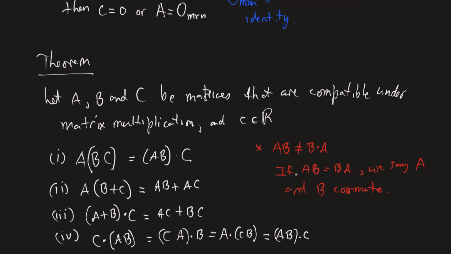We can't do it in general. And there we go. So we have a lot of familiar properties, a lot of them. The only one that really sticks out as a big no-no is the commutativity property, or lack thereof, of matrix multiplication.